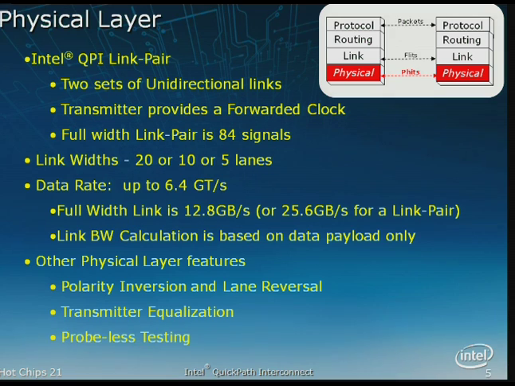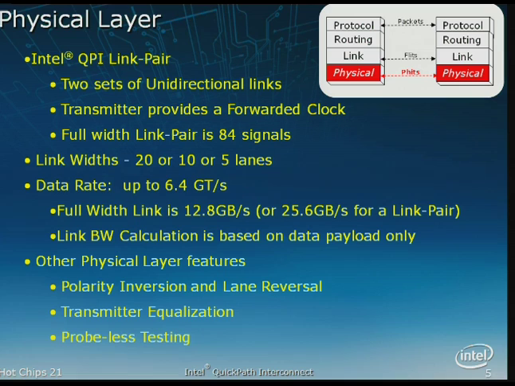Now, I could have said a lot of things about the physical layer, but some other features that we have done in QPI to aid in routing and other things is polarity inversion and lane reversal of a link. And so that makes it easier for routing. As we go to these faster and faster speeds, I/O pads used to be basically a couple of big honking transistors. Not anymore.